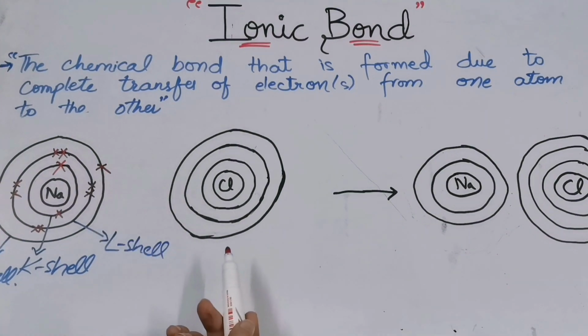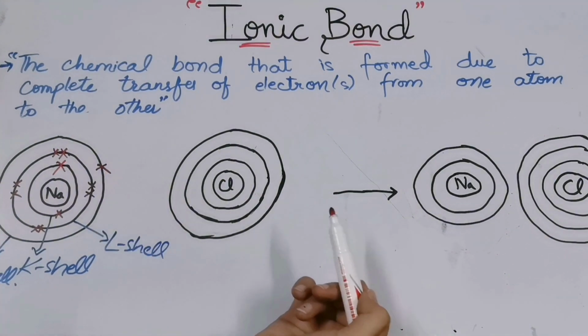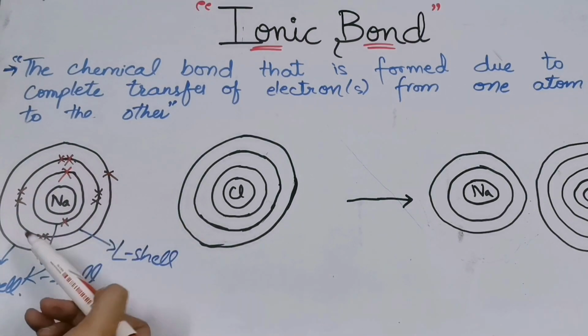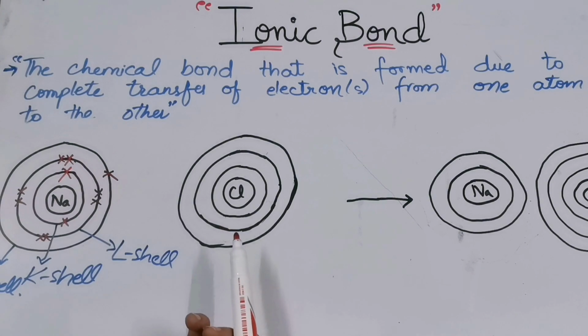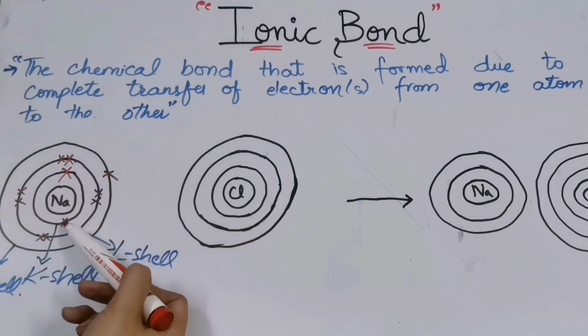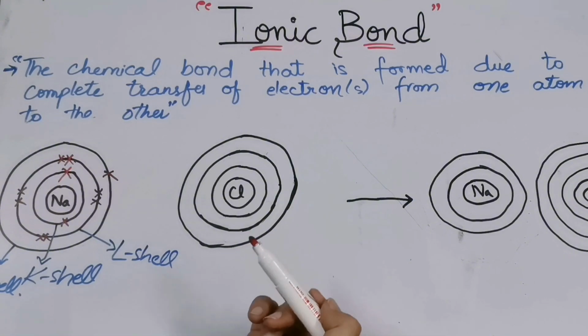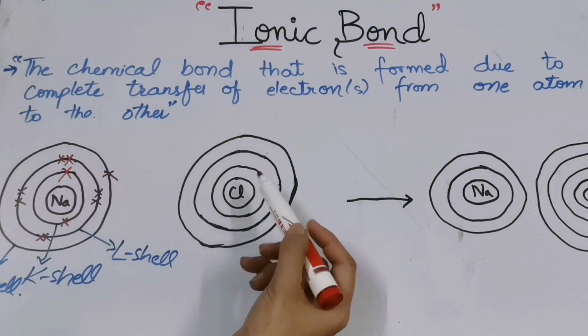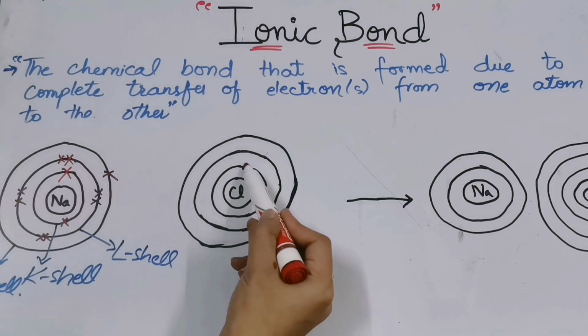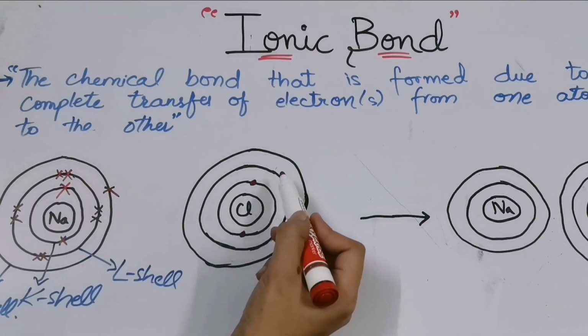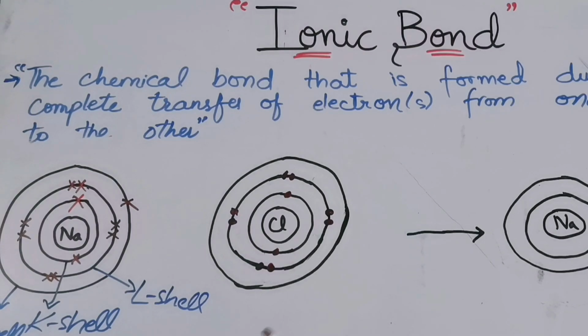Now we will go towards the chlorine. We know that the first shell holds 2 electrons. We will represent the electrons of one atom by X and the electrons of the other by dots. You can represent this one with a dot and this one with X as well. This is for our own convenience. Now in the first shell, the Cl is holding 2 electrons. In the second shell, it is holding 8 electrons. In the third shell, it is holding 7 electrons.